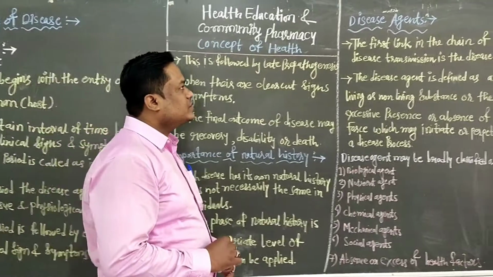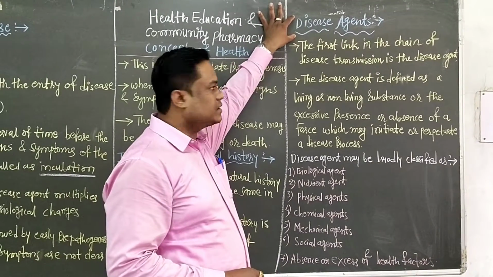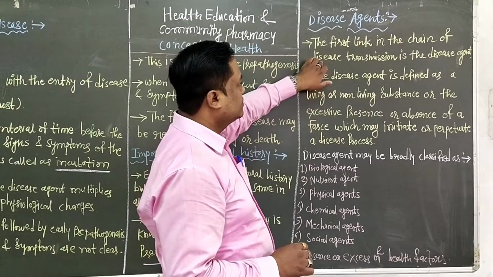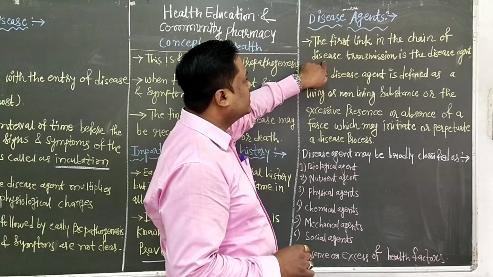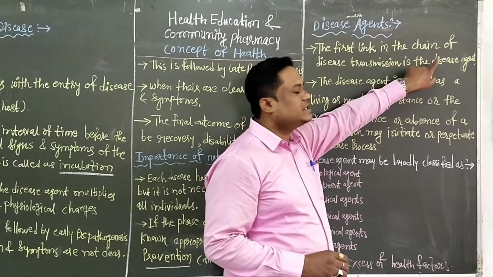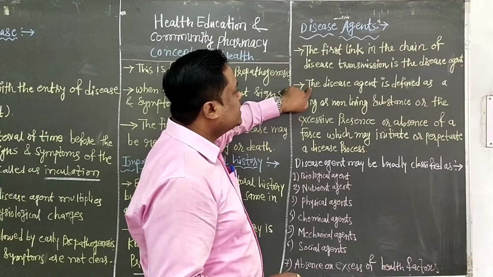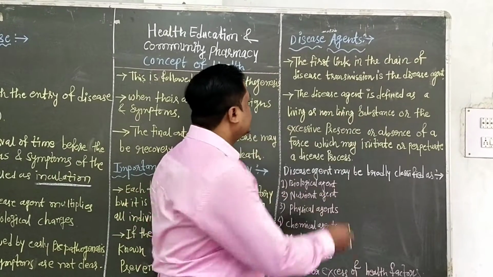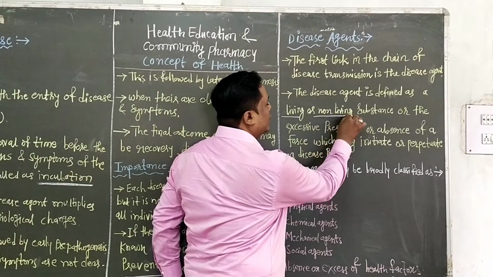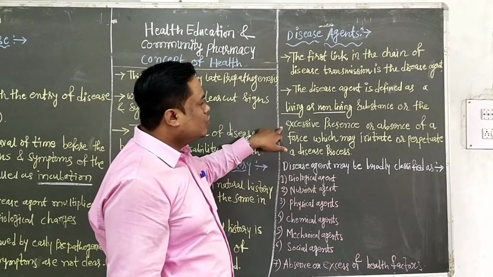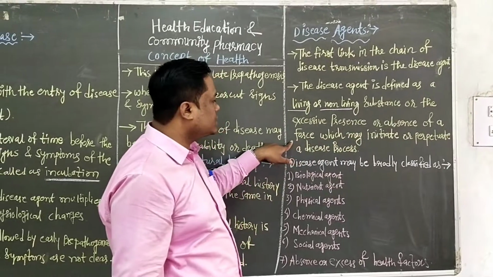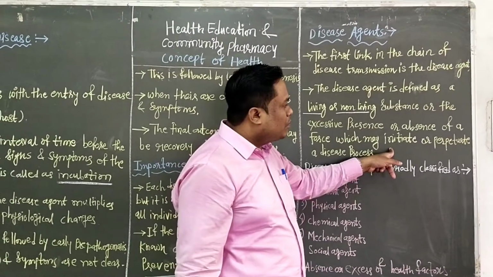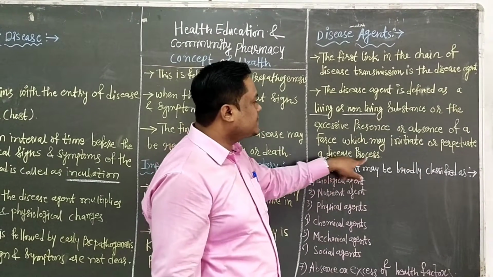Then next we have to see what the disease agents are. The first link in the chain of disease transmission is the disease agent. The disease agent is defined as a living or non-living substance, or the excessive presence or absence of a force, which may initiate or perpetuate a disease process.